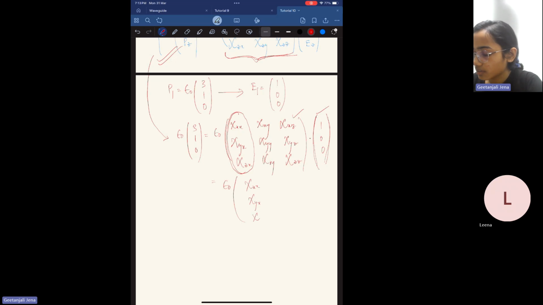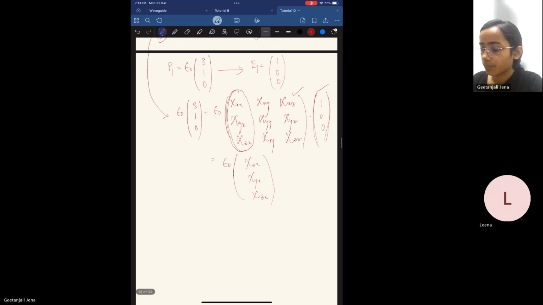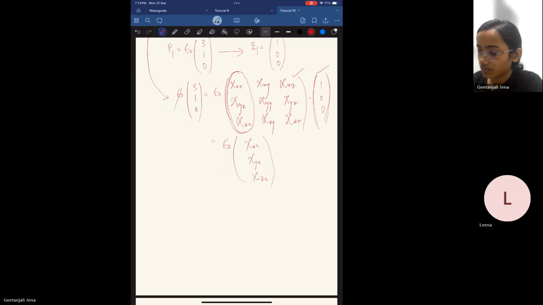So this will pick out the first column of the susceptibility. That means we know the first column vector of the susceptibility matrix, which is P1. Okay, so this is for P1.